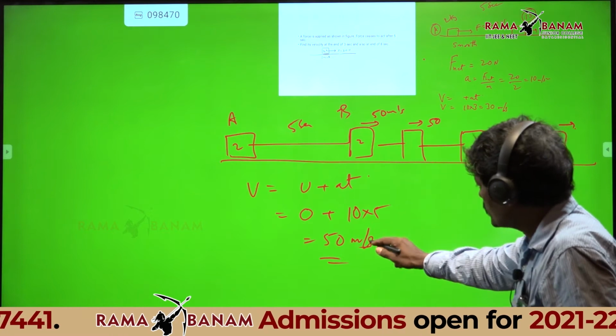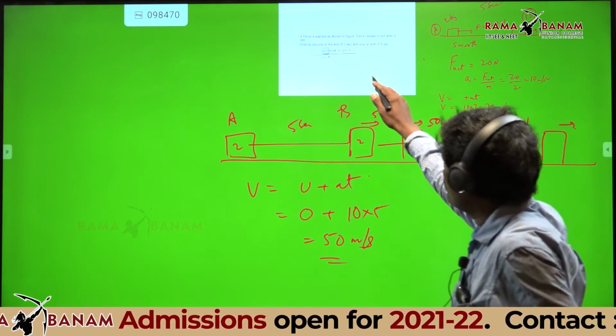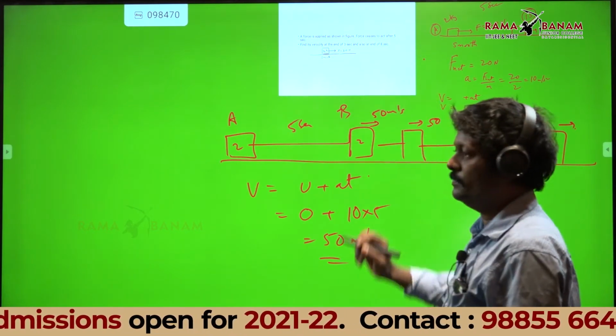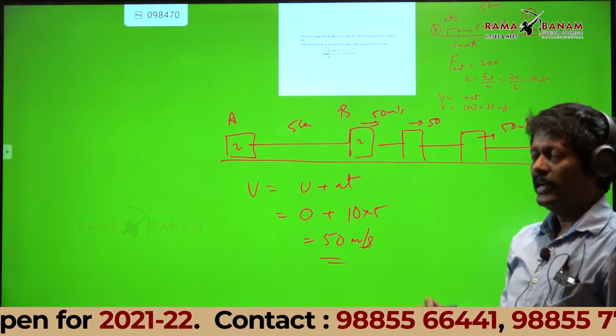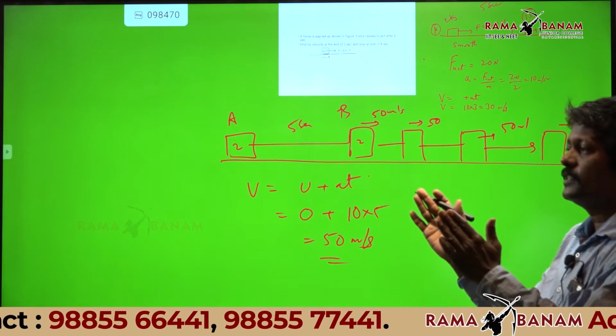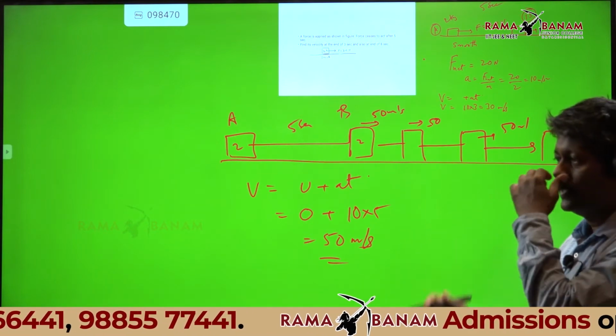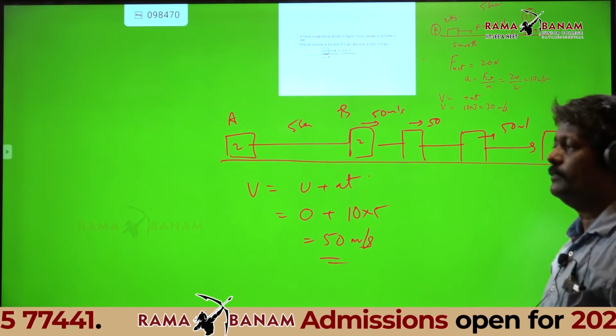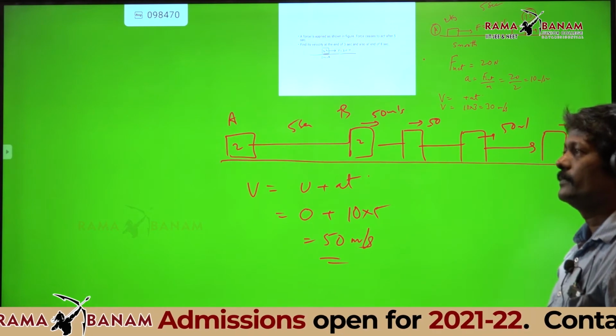So whatever velocity it acquired at the end of 5 seconds, when the force is removed, there is no force. Afterwards, it will continue with the same velocity. So what is the velocity at the end of 8 seconds? 50 meters per second.